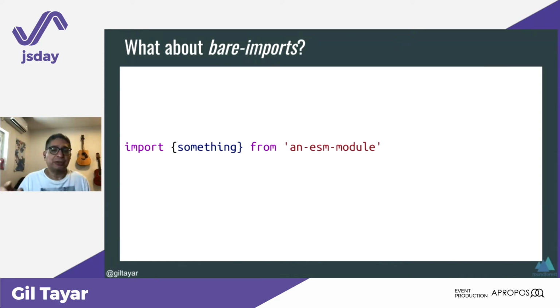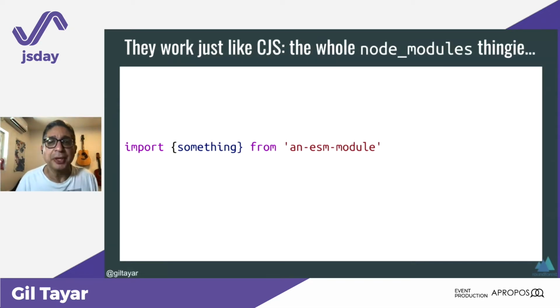What about bare imports? If I import something from Lodash or an ESM module without a dot or slash, does that work? Obviously it works, otherwise the whole Node ecosystem would break down. So it looks at node_modules, and the whole CJS logic for bare imports applies in ESM too. If there's a dot at the beginning, you have to specify the whole path.